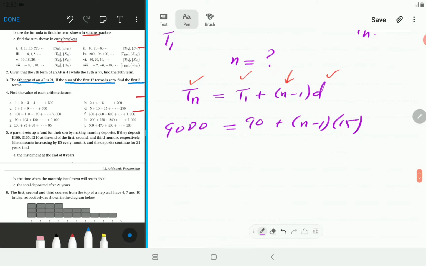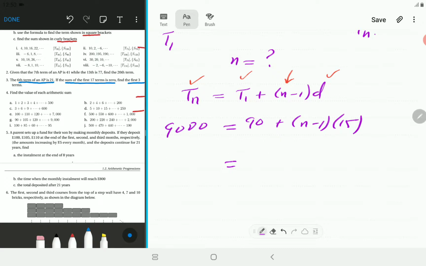Okay, then if we take 90 to the other side, so that's going to be 9,000 minus 90. Just punch that in the calculator.